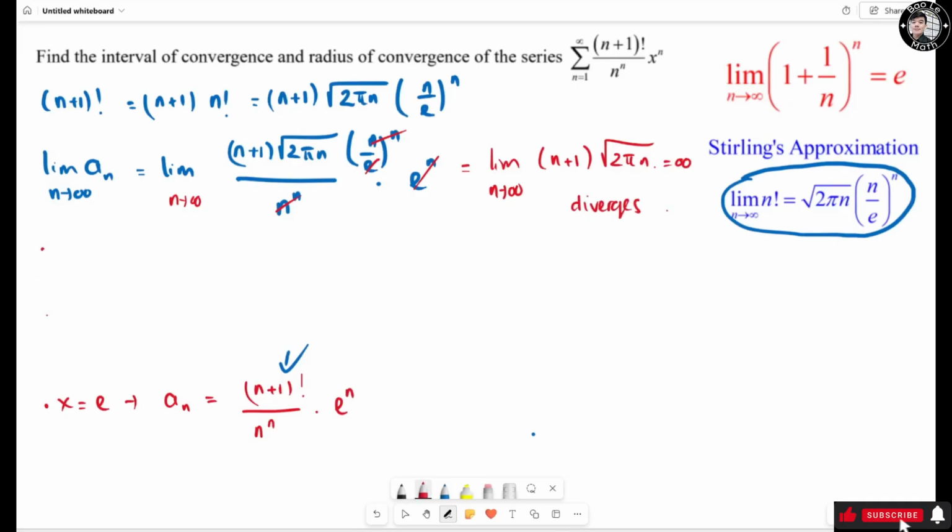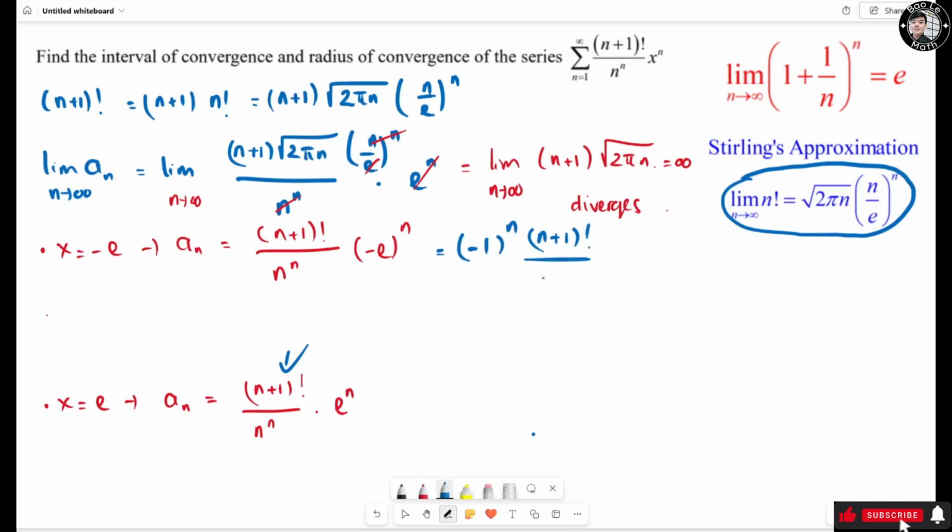Now the second case, x equals negative e. Then a_n becomes... negative e to the n can be written as negative 1 to the n times (n+1)! over n^n times e^n. Now observe that this guy is the alternating series.